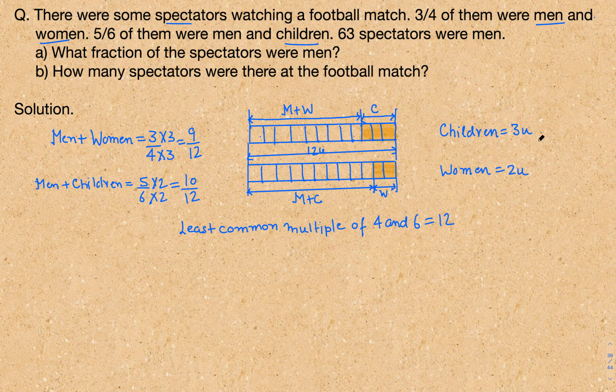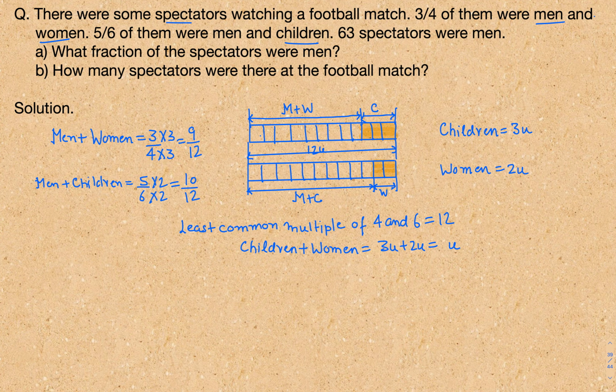Because we know that the total units is 12. If from that we subtract the units of children and the units of women, we will get the number of men. So children plus women together will be 3 units plus 2 units. That will give you 5 units, right?